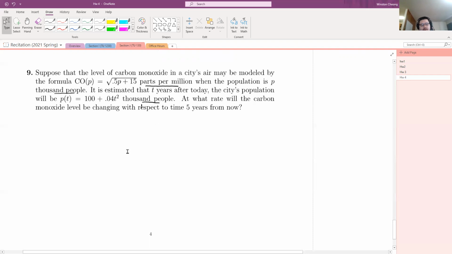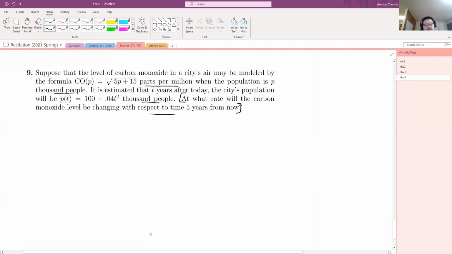That's good. The next thing is to understand what the problem is actually asking us to find. The rate that the carbon monoxide level will be changing with respect to time 5 years from now. So it wants us to find the derivative of this carbon monoxide function with respect to time, which is slightly different, because you notice that the input variable here is actually population.